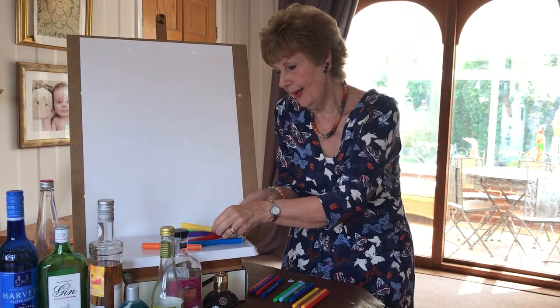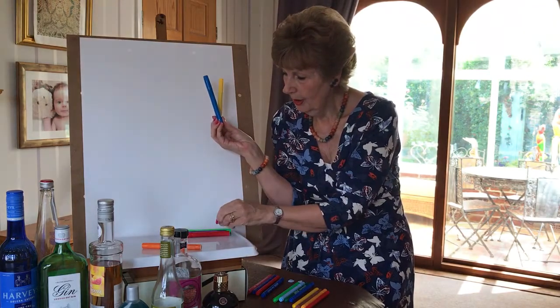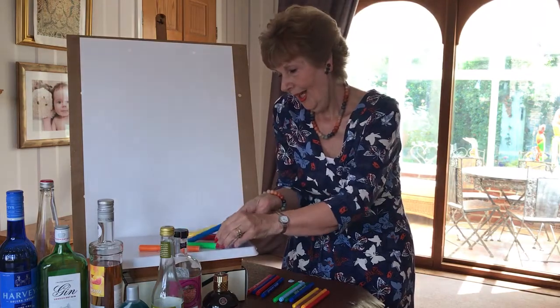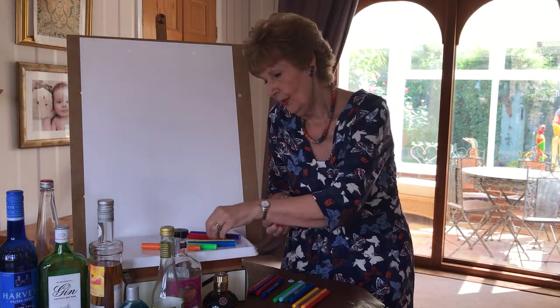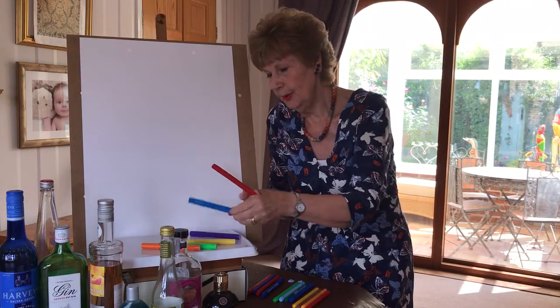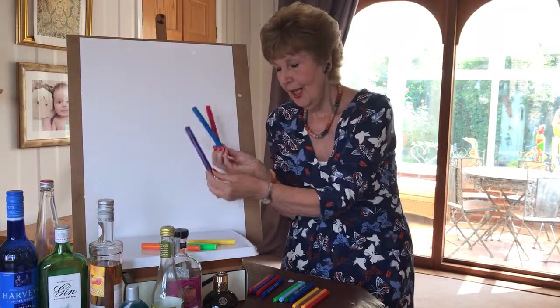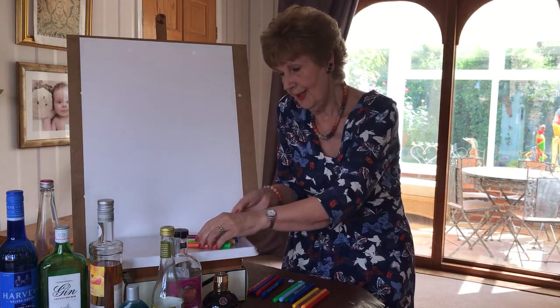If we put together yellow and blue, we can make green. And if we put together red and blue, we can make purple. So we can make colours from our primary colours.